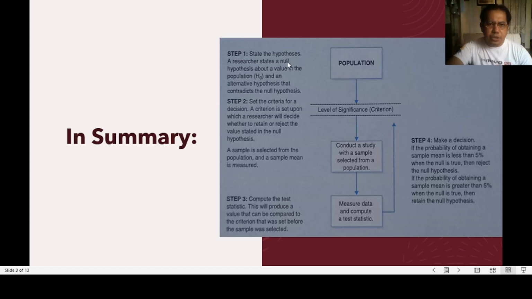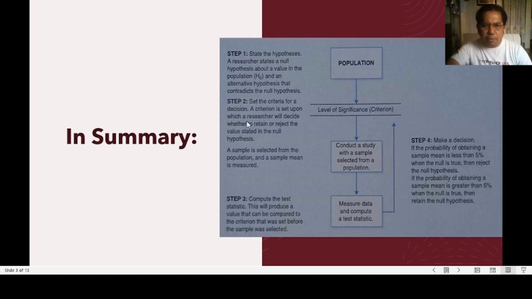A researcher states a null hypothesis about the population and an alternative hypothesis that contradicts the null hypothesis. That is step number one, and it is the starting point of the inquiry.